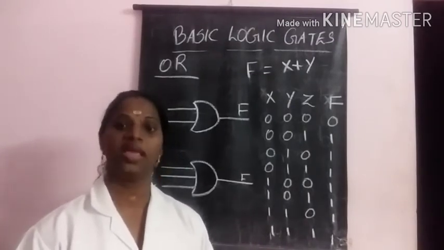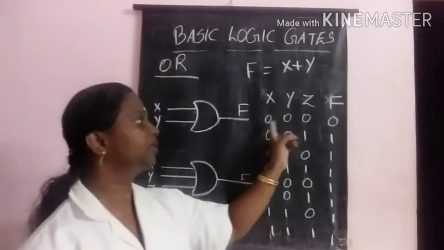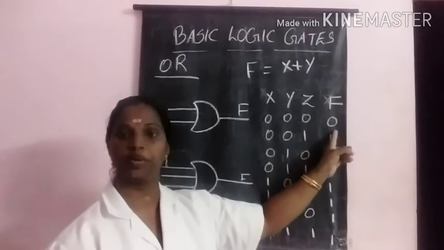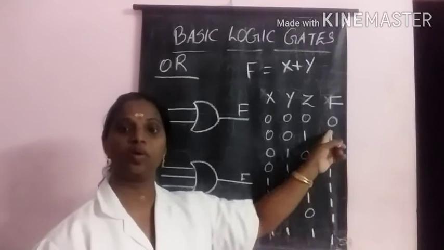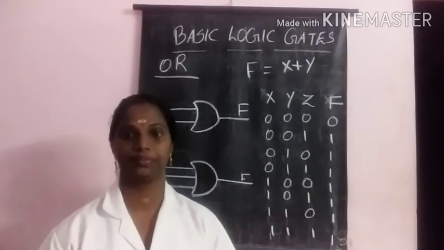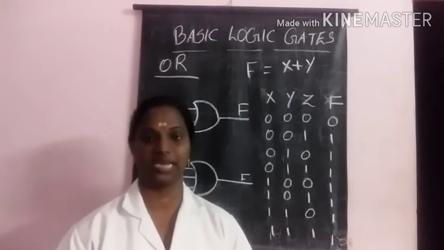Here no input is high, so the output is 0. Here 1 1, so the output is 1, and all the other outputs are also high. Clear? So these are the basic logic gates.